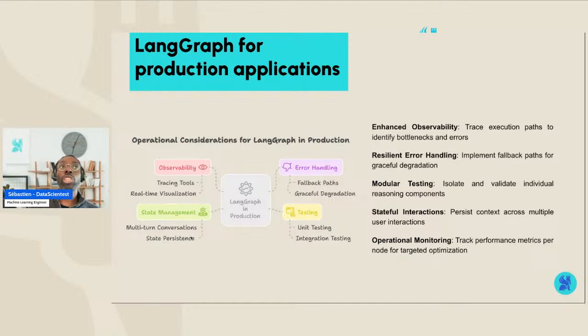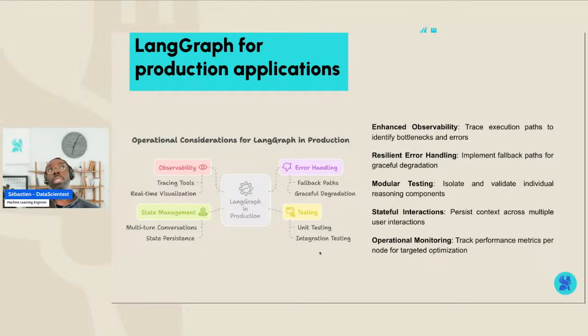State management, so multi-turn conversation and state persistence. So there is a persistence of the state, and it's very efficient for debugging. When you are executing your graph, you can continue from the last successful node, for example, instead of rerunning the whole logic each time you are debugging. This is really powerful. There is also the testing capability, so we can apply unit testing on anything in the graph, and even integration testing.